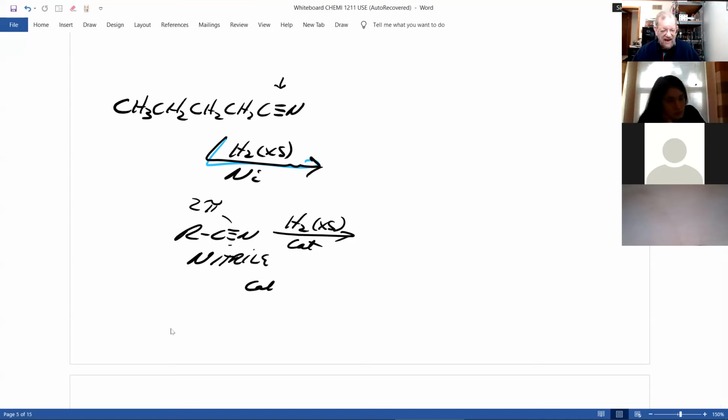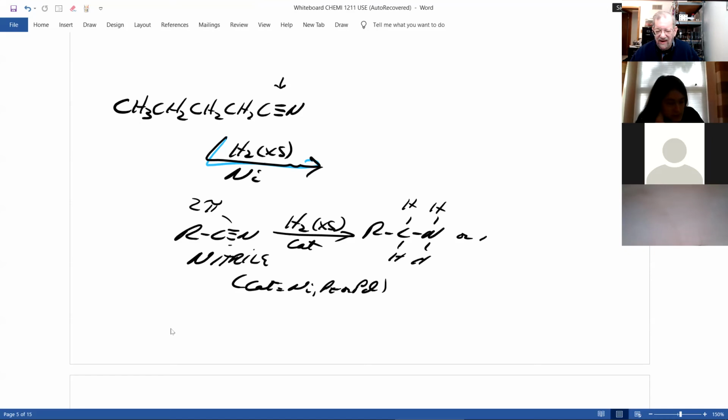And remember, the catalyst can be nickel, platinum, or palladium. And when I break the 2 pi bonds, each atom of the triple bond gets 2 hydrogens, which I can write this way, or I can write this way. They're identical. Either way is acceptable on a test.